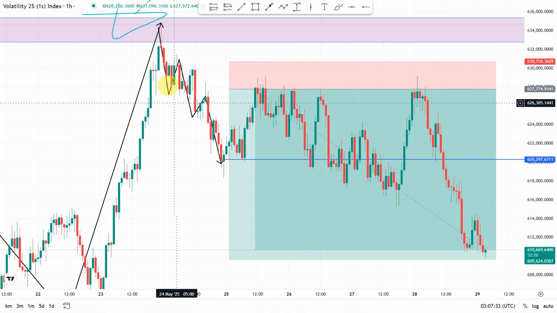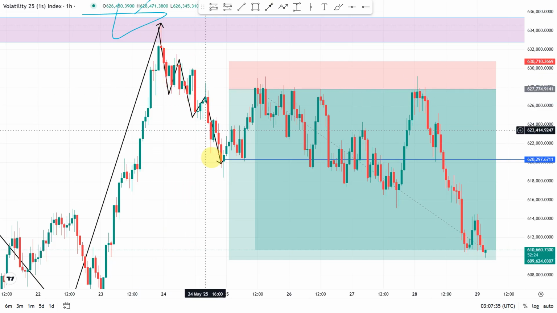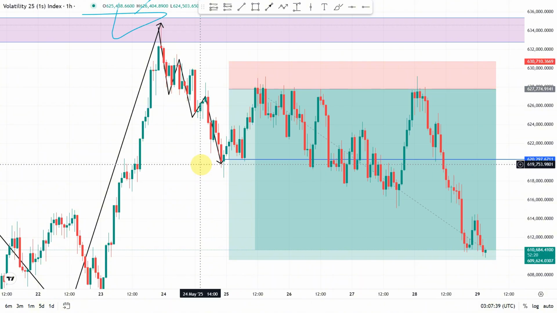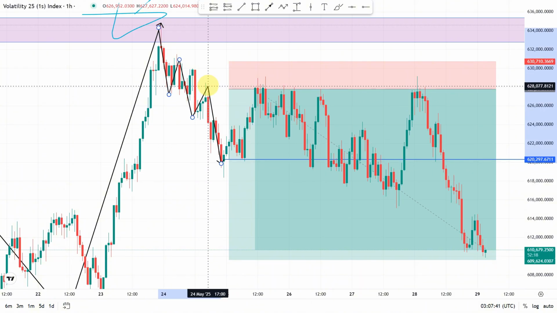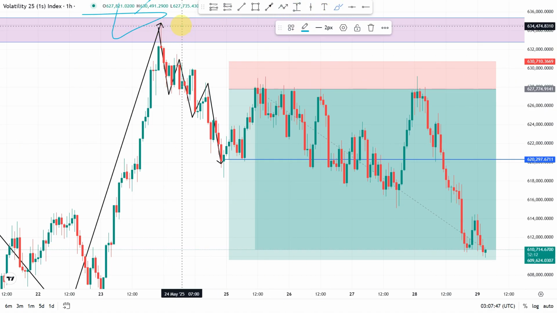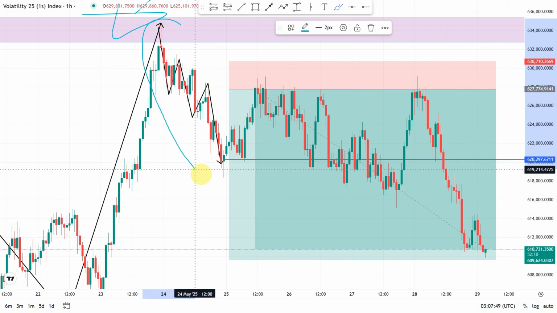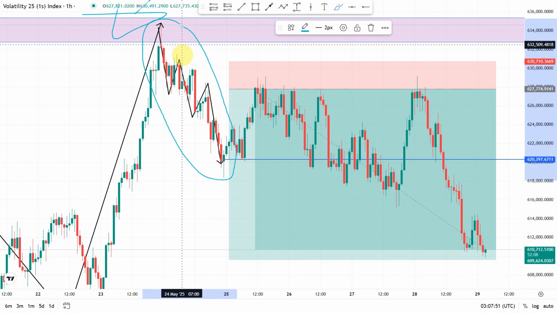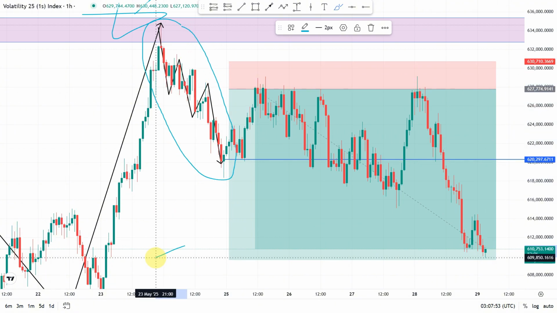So once the market started to provide this series of lower lows and lower highs, we said, okay, I know how a downtrend market moves, and I know how to find liquidity areas when the market is moving in a downtrend. So where are the liquidity areas on this mini short-term trend that will support us at least to go to the 1 hour areas of liquidity?